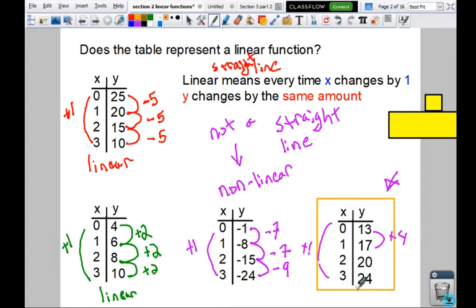And then Ellison, if I'm going from 17 to 20, how much am I changing by? And Susie, if I'm going from 20 to 24. Okay. Keith, are all those the same? So what do we call it? Non-linear. So this is non-linear. Terrible handwriting, but that's okay. Non-linear.